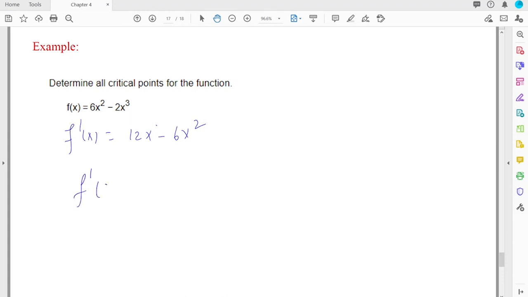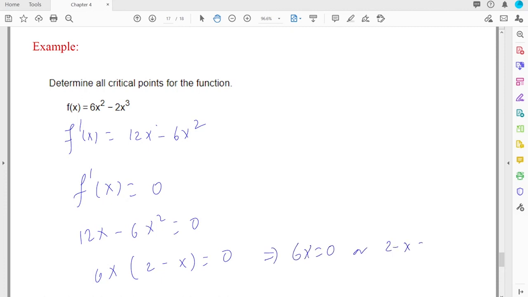Now we equate this derivative with 0, which gives us a quadratic equation. Now we solve by factoring the greatest common factor, and that will give us two options: 6x equals 0 or 2 minus x equals 0.